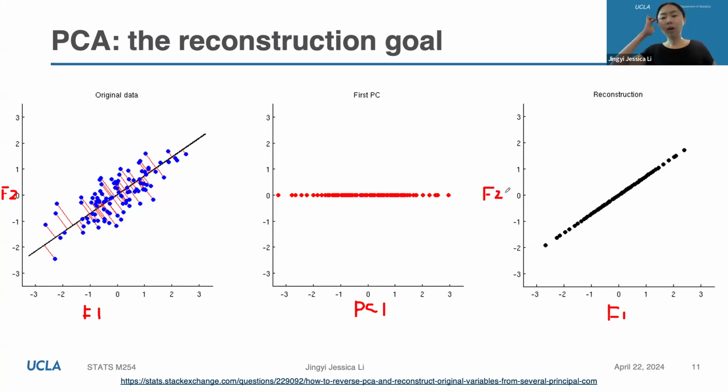Given the PC1 score, we use the definition of PC1 as a linear combination of feature 1 and feature 2. We rotate it back. So we are restoring the data points in the original space, but only using PC1 information. The data points are in the original 2-dimensional space, but they are only explained by PC1. So it's a reduction of data.